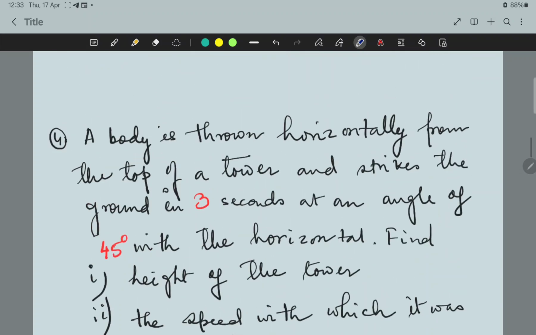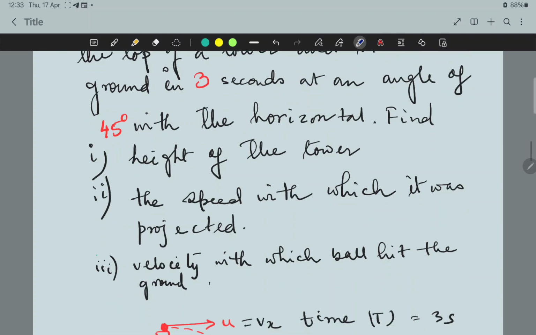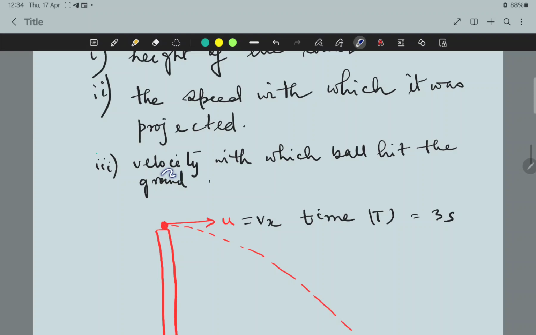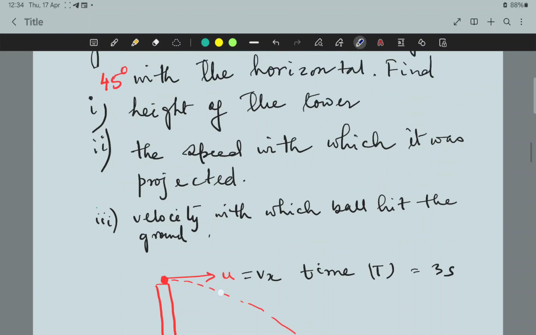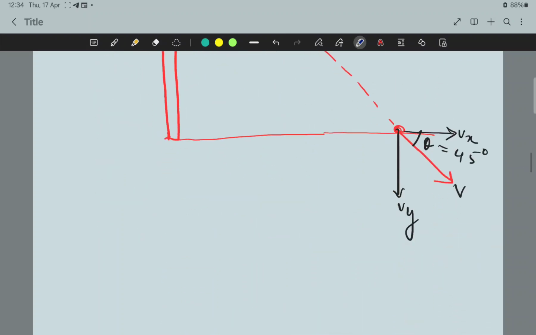So these two pieces of information are given to us and it is asked to find the height first, then the speed with which the body is projected, and then the velocity of the ball when it hits the ground. So let's find the height.